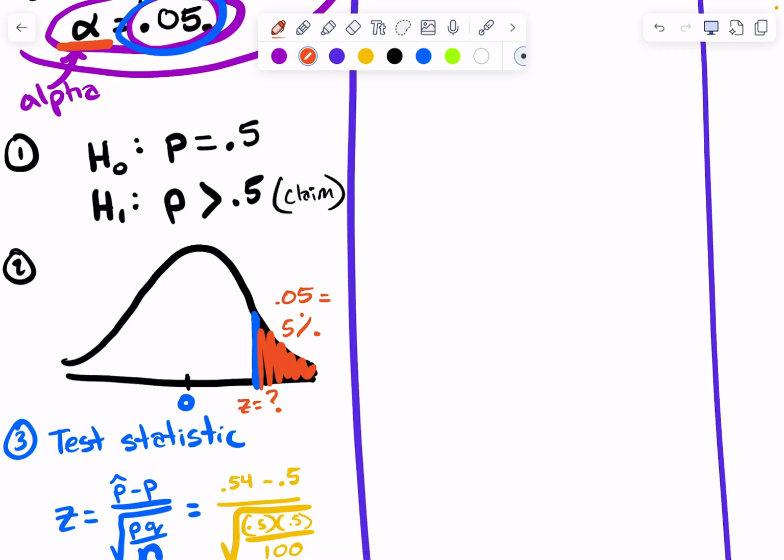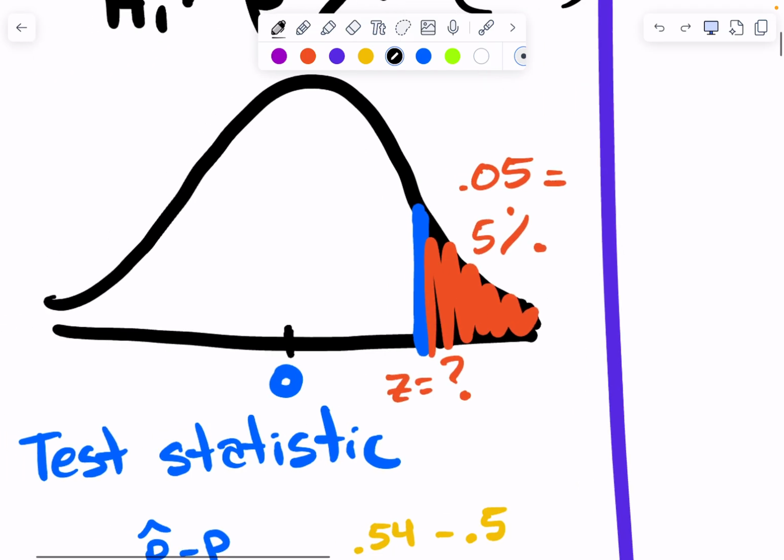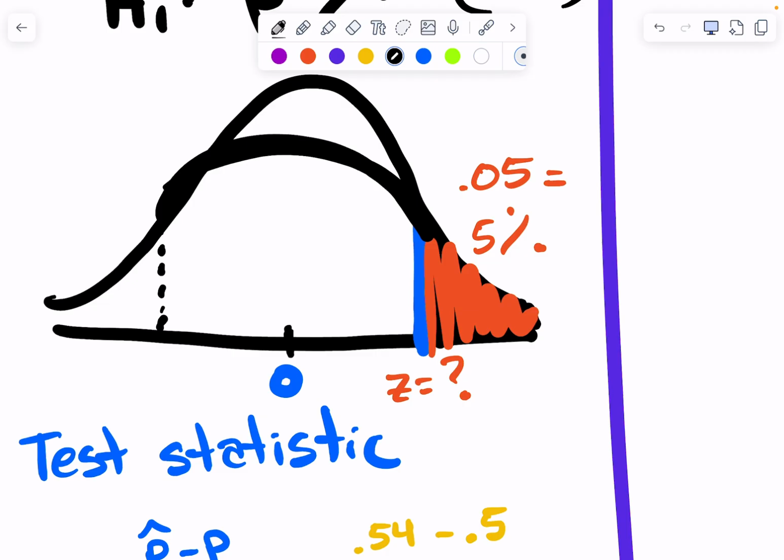Like, what is the Z that corresponds to that? Okay, a lot of people think that 5% means 95% is what I'm going to look up to find Z, but that's not right. Okay? The way that this works is that if 5% lives there, I want to know the middle chunk right here. So you kind of have to think about it in terms of like there's an imaginary 5% over here. So the number I'm going to look up on the Z chart is 90%.